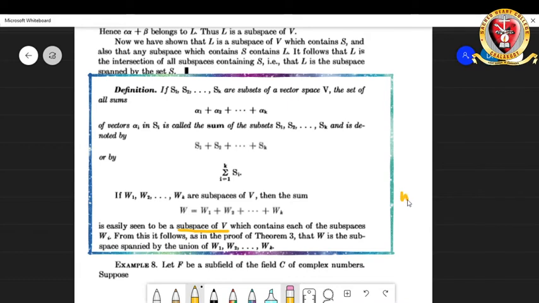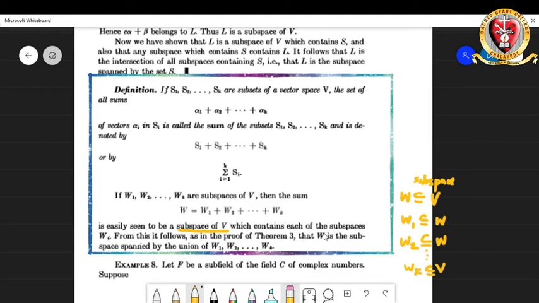That is, W is a subspace of V such that W1, W2, and so on up to Wk are contained in W. That is an easy proof.